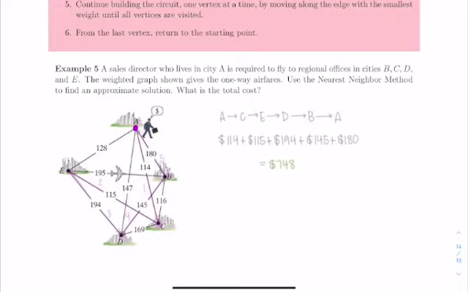So because the smallest weight is 114, we are going to travel down to C. From C, I have to then find whatever the smallest edge is, as long as it doesn't go back to A, because I have to hit all the vertices before I go back to A. So from C, I have 169 as an option, I have 115, and I have 116. So because 115 is the smallest weight, I am traveling to E.